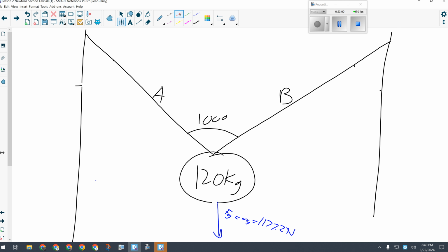I've got two cables. So I'm going to say cable A I'm going to draw in red. Cable A is pulling up and cable A is pulling over. And since I'm splitting this up into, let's say, a red triangle and a green triangle that are supposed to be equal. That was really bad.